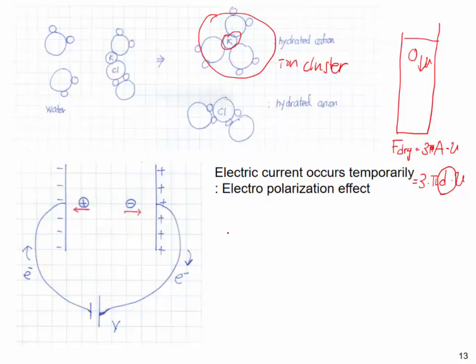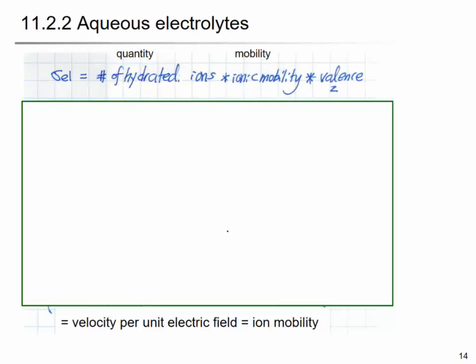And the electric conductivity of the electrolyte. Electrolyte means the salt solution or the saline water, and the quantity, and also the mobility, affects the electric conductivity.